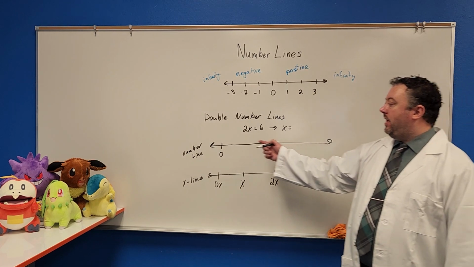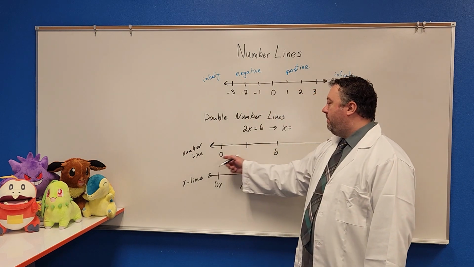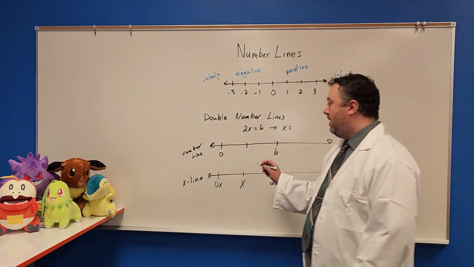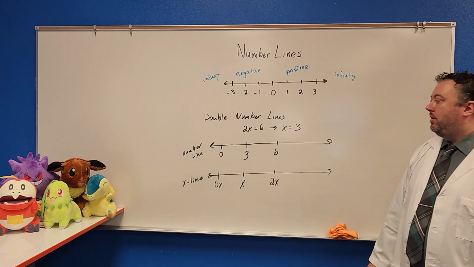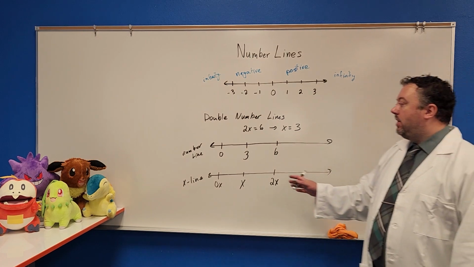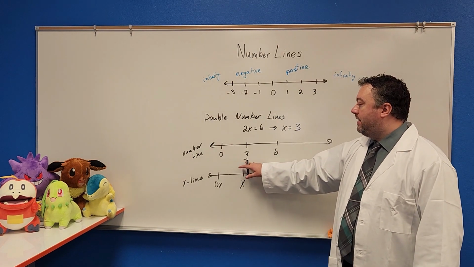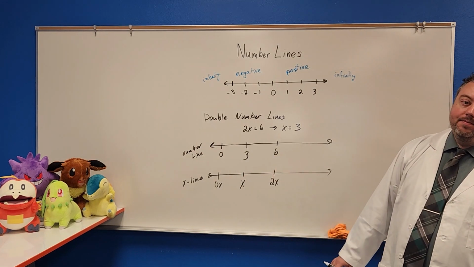And so if I do the same thing up here, I can go halfway in between. And what's halfway between 0 and 6? 3. And x corresponds to 3. So leaving out all those extra tick marks allowed me to create a different type of number line that instead of counting by 1s, it's counting by 3s.